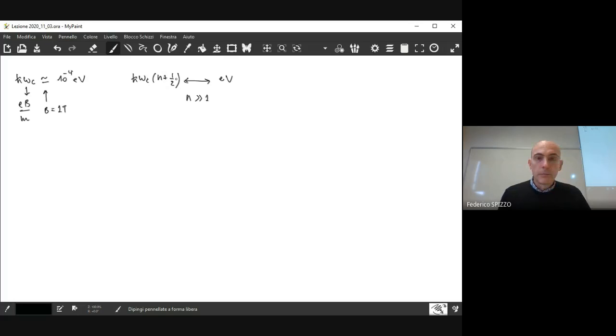And what is the effect of this quantization mechanism on the electronic levels? I'll try to do my best to make a drawing that represents the result, but please also use your imagination. And at the end, I will ask you if everything is clear or not. So the result is the following.